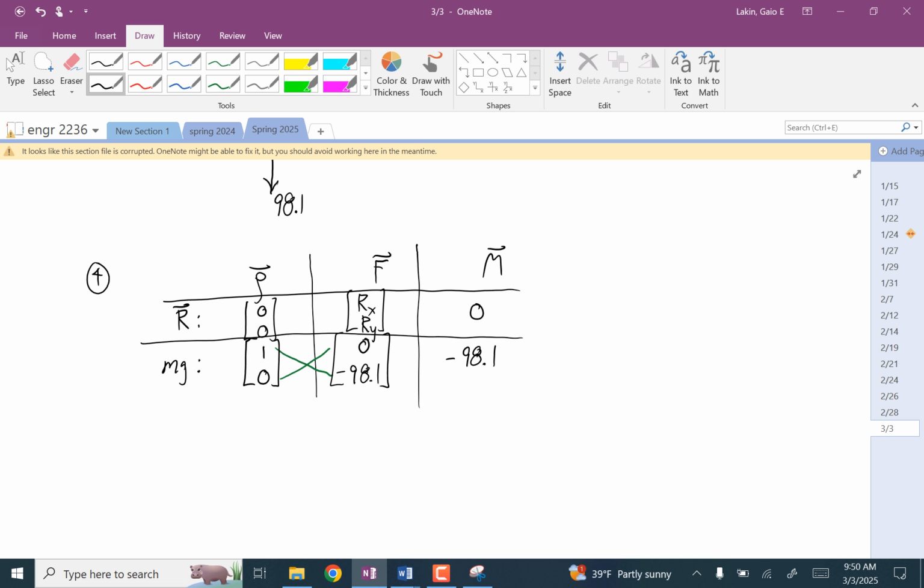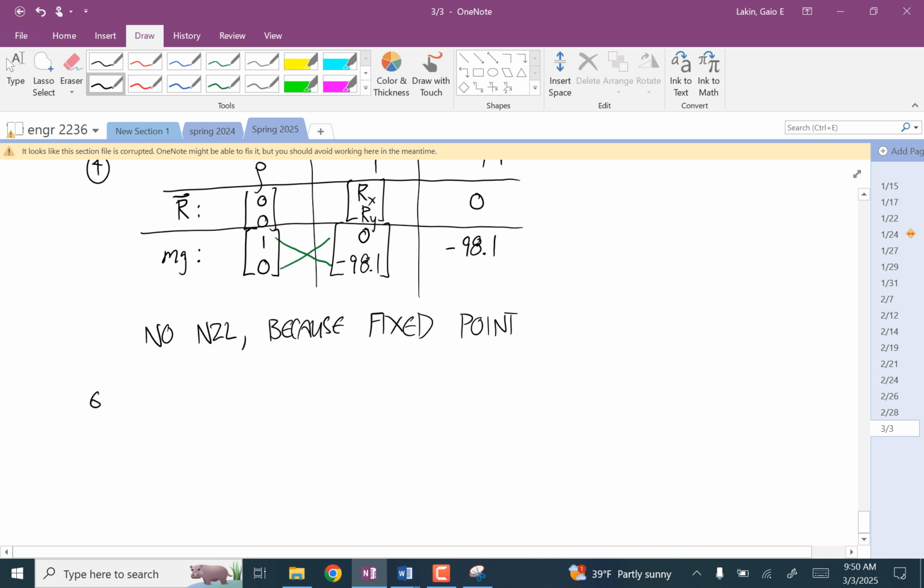Okay, now we're to that step 5 that we do sometimes and not other times. Do we use Newton's second law here? No, there's no Newton's second law, because there's a fixed point. Okay, so now we go to step 6. That's rotational Newton's second law.